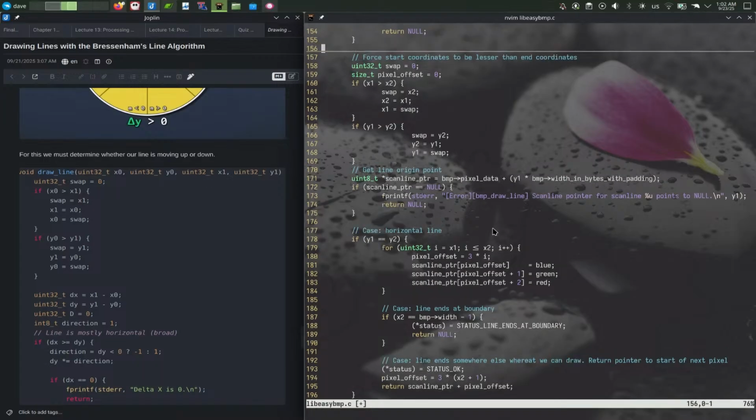Alright, so this kind of forces it to be doing left to right logic always, right? Left to right and bottom to top, I believe.